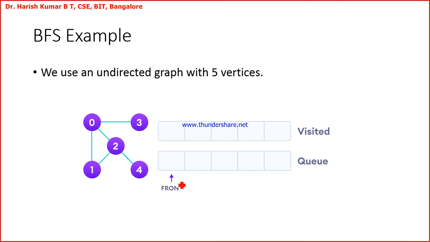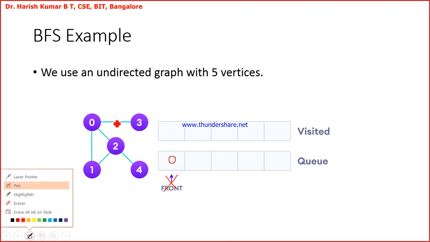Look here, let me write and show you. Let me take 0 as the starting node again. What I'll do now is insert this at the rear end. This is the rear end. So 0 I insert here.